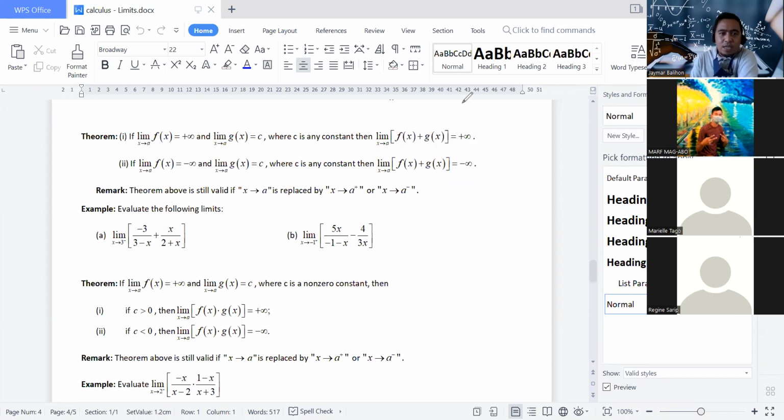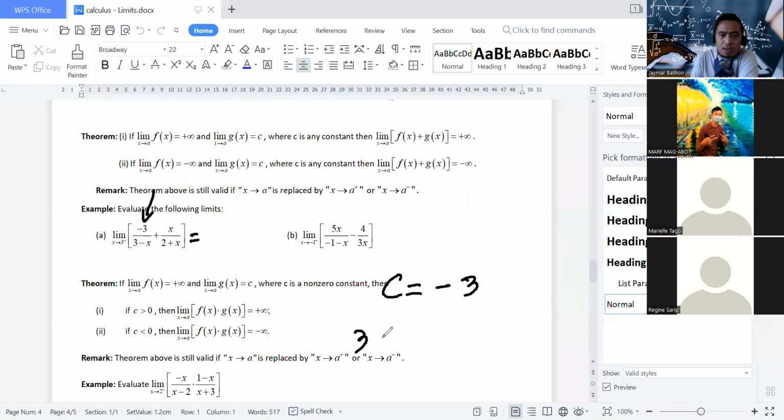Let's try. If we consider this one, it will be negative 3. Everyone, what's the answer here? Negative 3 over 0. Yes, negative 3 over 0. So that is negative 3, your c, right?